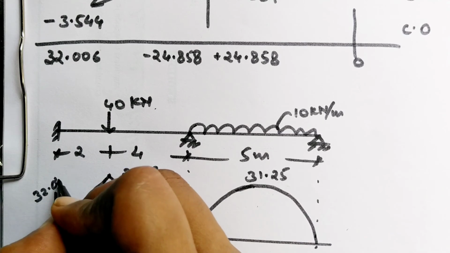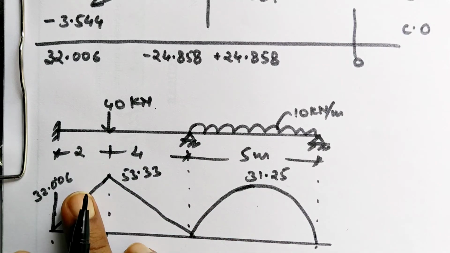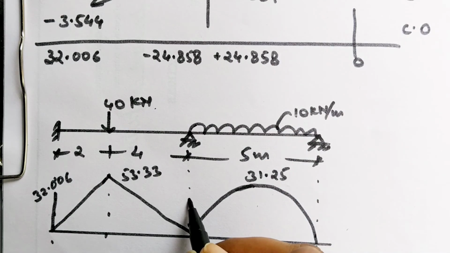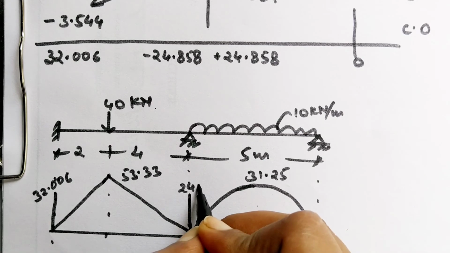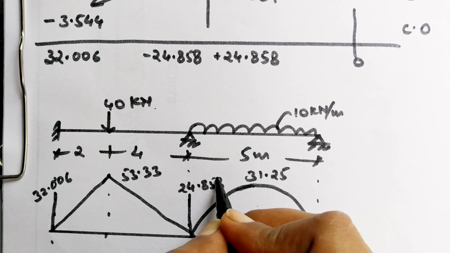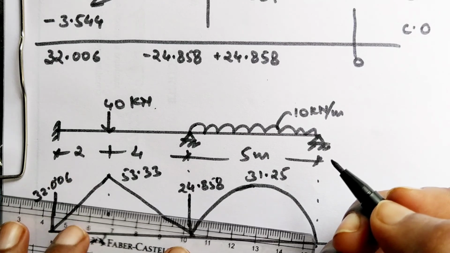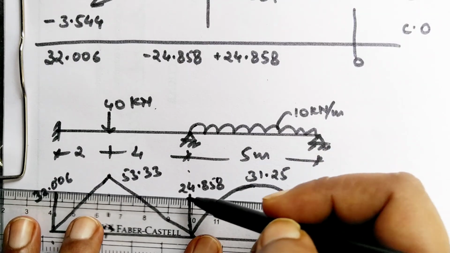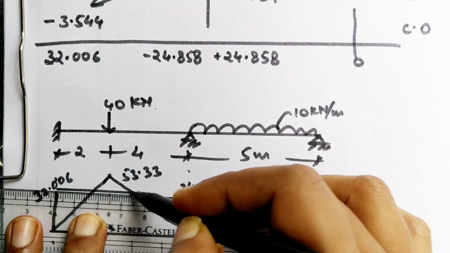I am just writing 32 here. Then this one at the B support, we are having this as 24. So I am just drawing it, and always remember all the ordinates in the beam, we have to make it on the sagging side, means positive we have to make, upside of the beam. And this one is 0, so I am putting a 0 here and I am simply joining it with free hands.